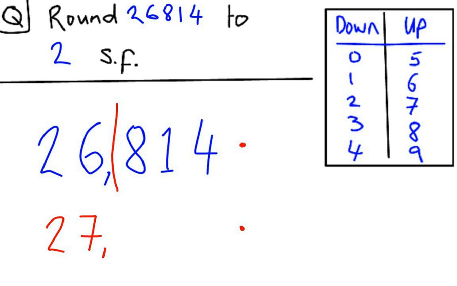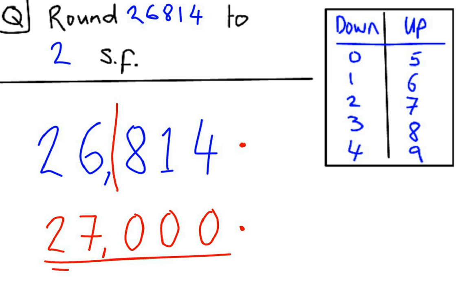So what we need to do is, up to the decimal point, fill in the zeros. We must remember that we need to fill in any missing digits up to the decimal point with zeros. So that becomes 27,000. Okay, that was level 7 work on rounding to significant figures.